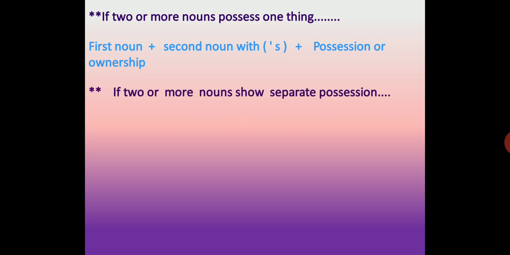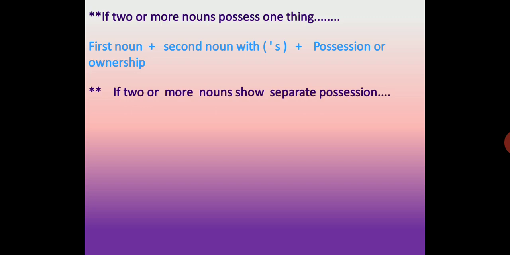Let's move on. If two or more nouns show separate possession, means as above, we show the pattern of the same possession of only one thing, right?